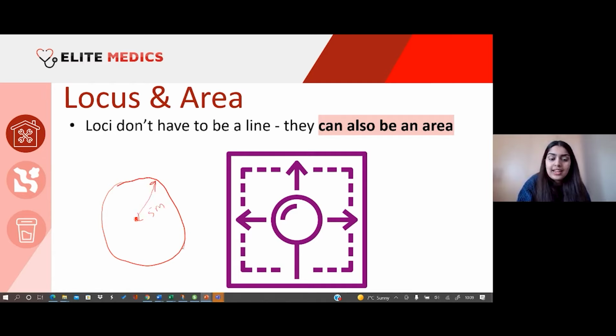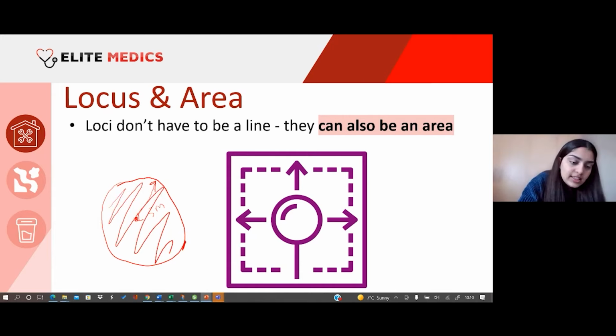But these are only exactly 5 meters. If an exam question says, for example, find the set of points that are 5 meters or closer to the point, then this entire circle would be shaded, because this point over here, that's less than 5 meters away, right? Because this is 5 meters, it's closer than 5 meters.